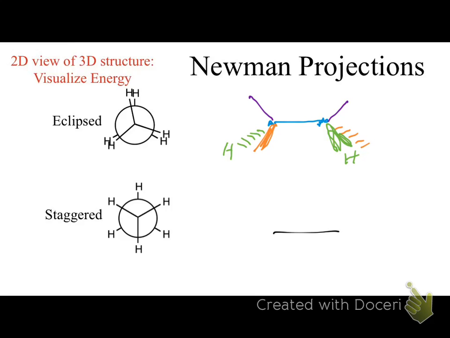Our purple bonds are now on opposite sides. Our orange are now both aimed away from you. The one on your left is aimed up. The one on your right is aimed downwards. Let's see if I can do that right.